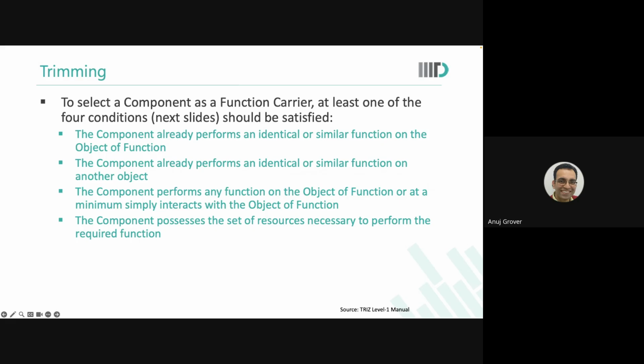But TRIZ does not believe in that. TRIZ says, I want to find an inventive solution to the problem. I want to completely, because ideally, in my ideal result, this harmful function doesn't exist. So I want to remove the harmful functions. And what we are saying is that trimming the object or the carrier of the harmful function is the best way to remove the harmful function.